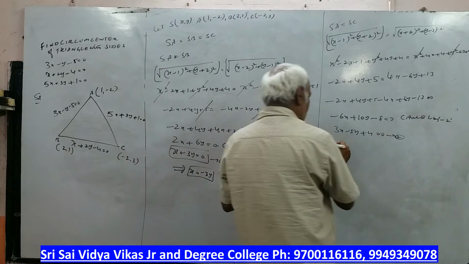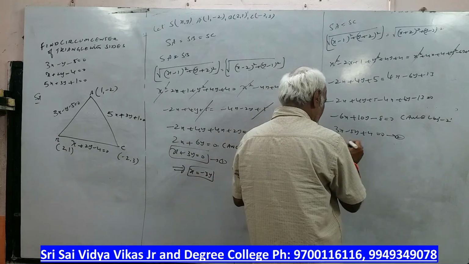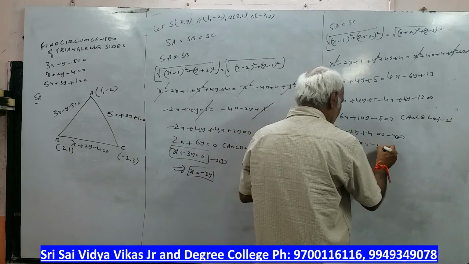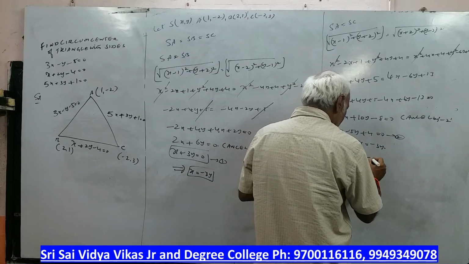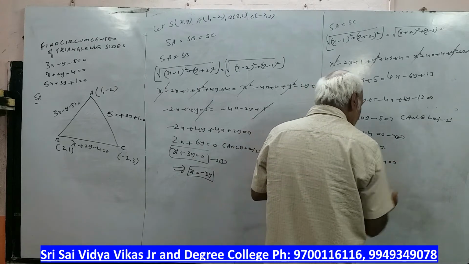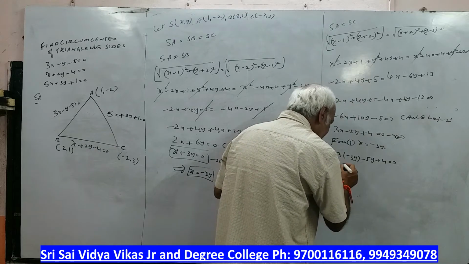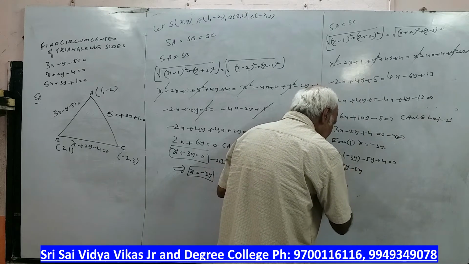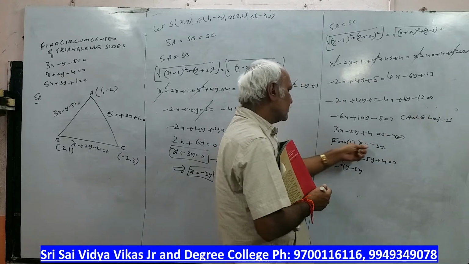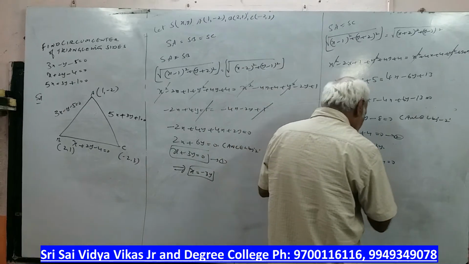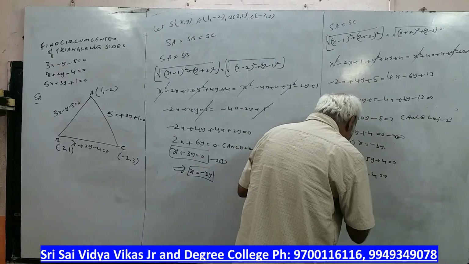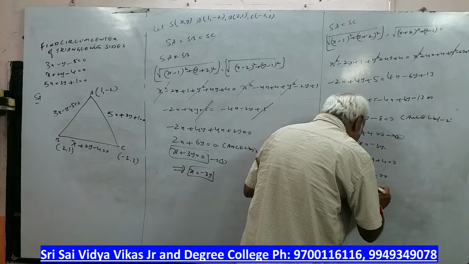Therefore, from 1, x is equal to minus 3y. Put here 3 into minus 3y minus 5y plus 4 is equal to 0. Minus 9y minus 5y. So what have I done? x is equal to minus 3y, I have put it: minus 9y minus 5y plus 4 is equal to 0. So this becomes minus 14y plus 4 is equal to 0.